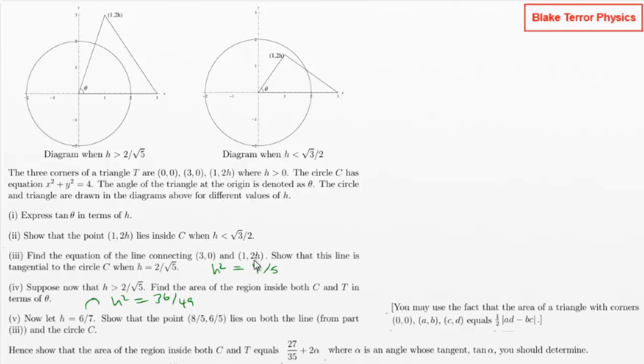So that's going to be inside. That's like 40 over 50. So we're definitely inside the circle. Right, I'm seeing how this is all fitting together now. So we've just shown that for h is 6 over 7, that point is on the line and the circle.